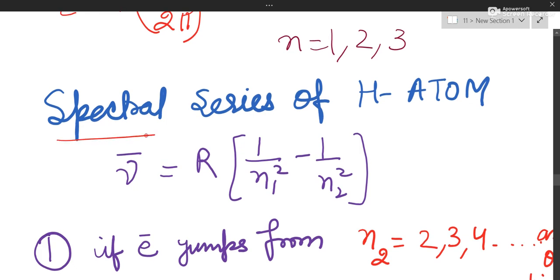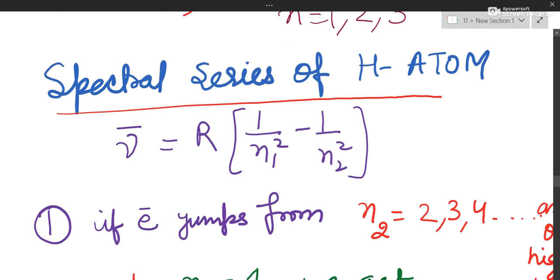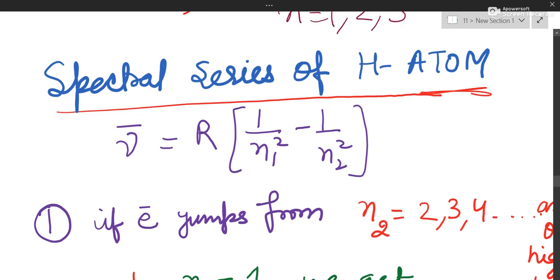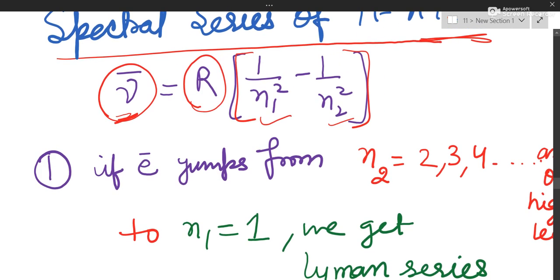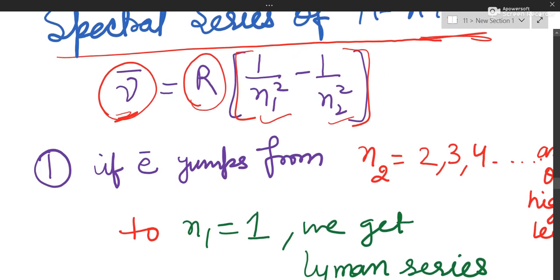Okay, then this topic was left out of this chapter, spectral series of hydrogen atom. The last topic that we saw in part 1 video was the expression for wave number. It came as Rydberg's constant times the bracket of 1 by n1 square minus 1 by n2 square, lower energy state square minus higher energy state square.